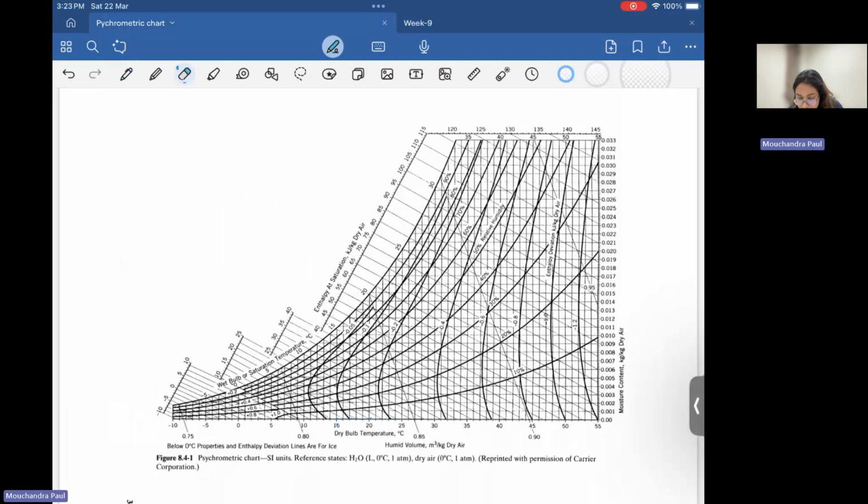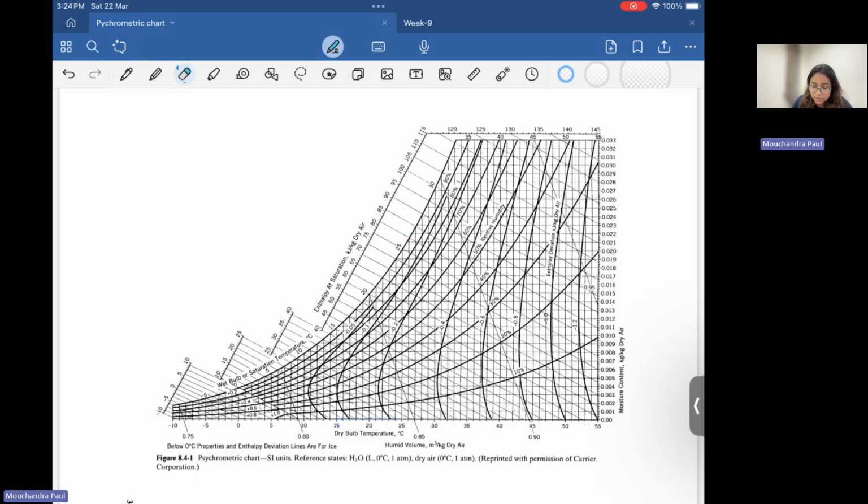And we will try to locate the parameters used in this chart, which are very useful for determining the properties of air, how much moisture is there, and enthalpy and everything. It makes the energy balance and material balance problem solving much easier if you have this chart with you.